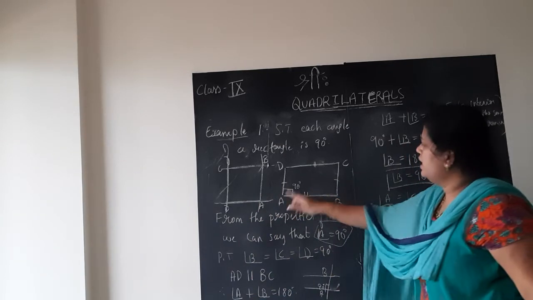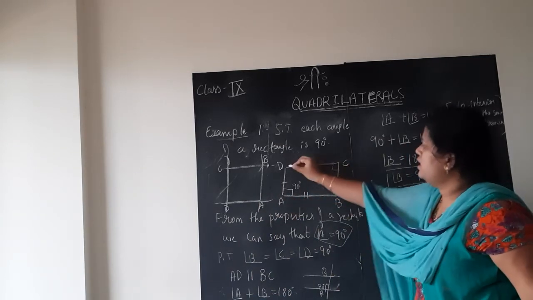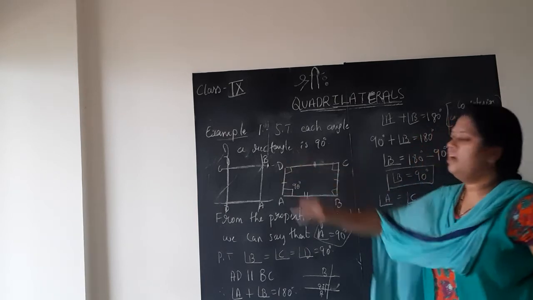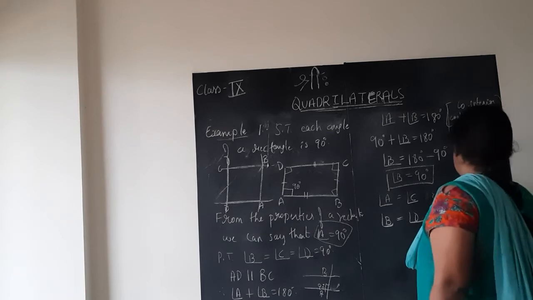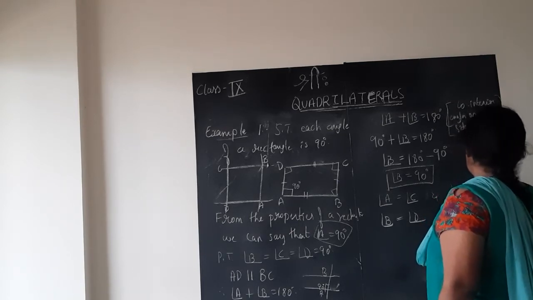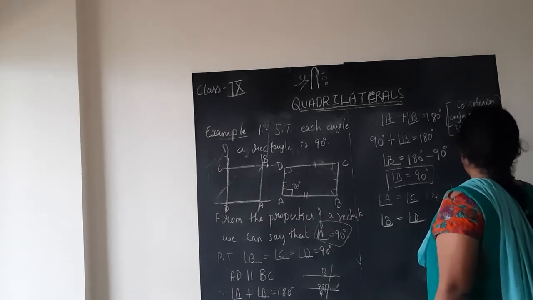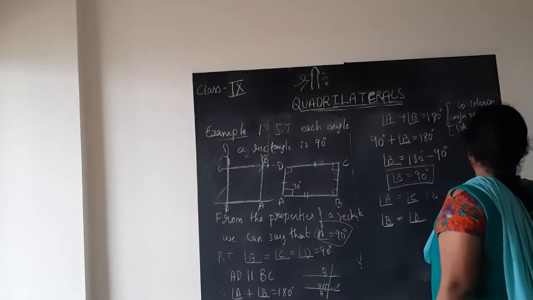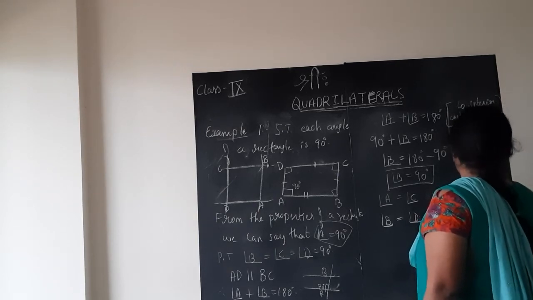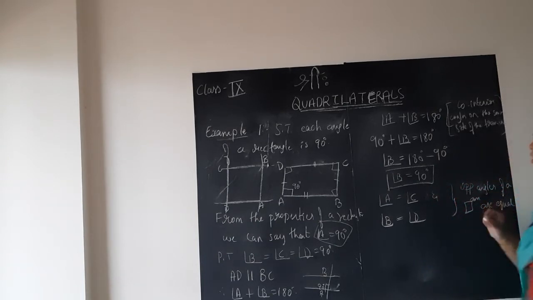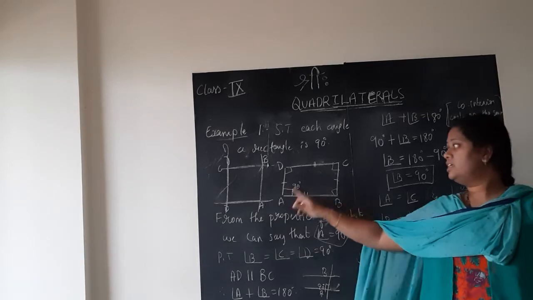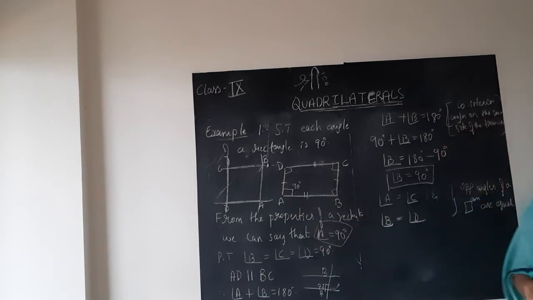I wrote angle A is equal to angle C and angle B is equal to angle D. It is because, recall the properties, opposite angles of a parallelogram are equal. Based on that concept, we can say that opposite angles are equal.